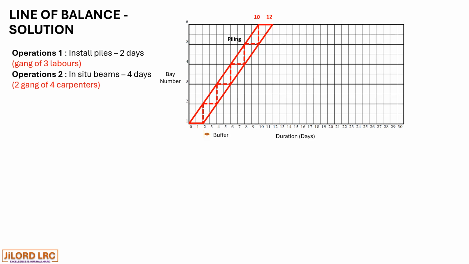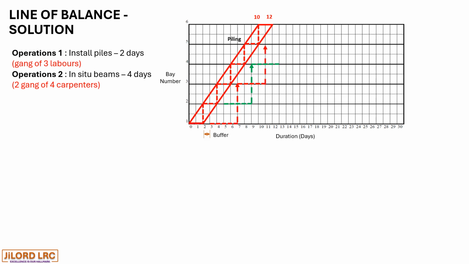Gang 1 starts from day 3 to day 7. Gang 2 starts from day 5 to day 9. Then gang 1 goes to bay 3 and constructs from day 7 to 11. And gang 2 goes to bay 4 and constructs from day 9 to 13.